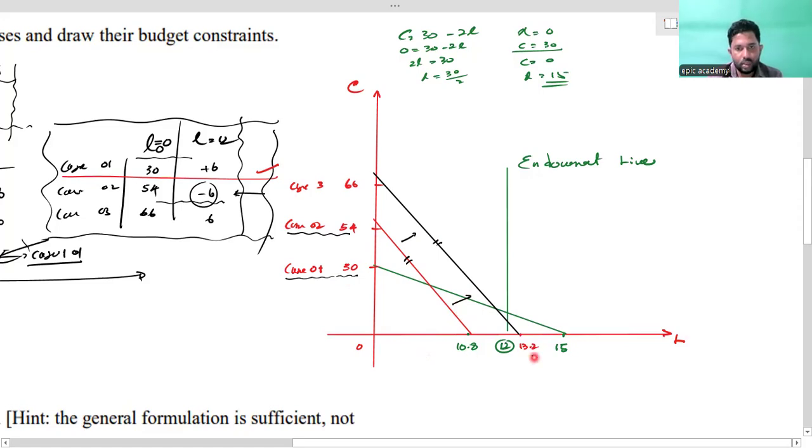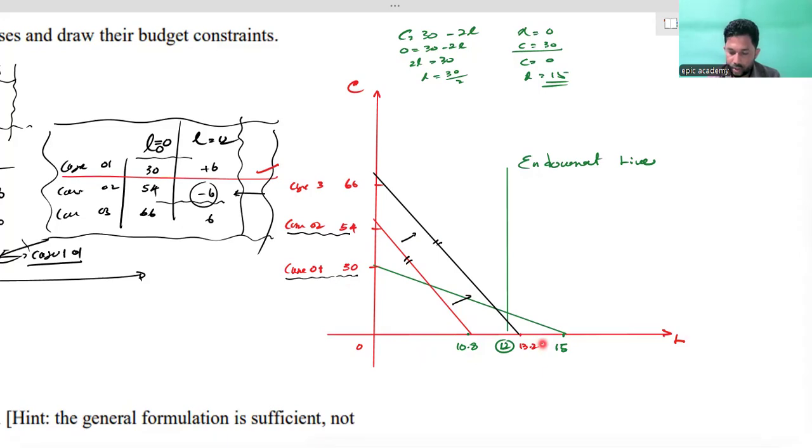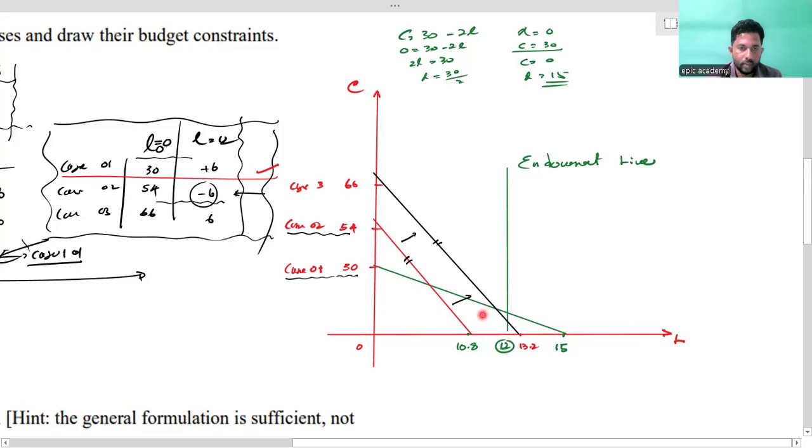The difference is 13.2 minus 10.8, 2.4, and 66 minus 54. Yeah, this will look like a parallel shift in here.